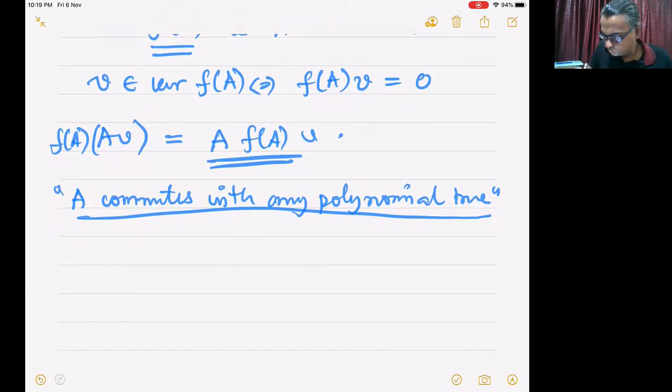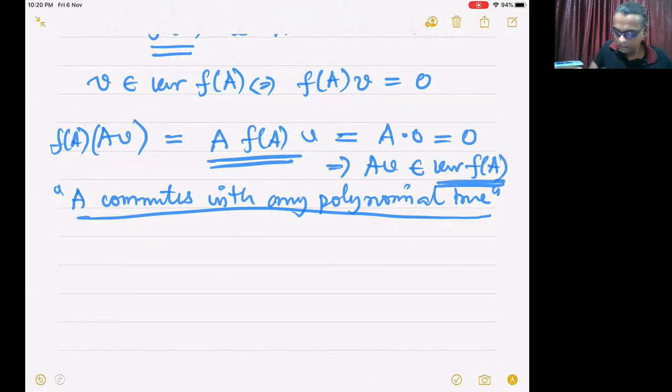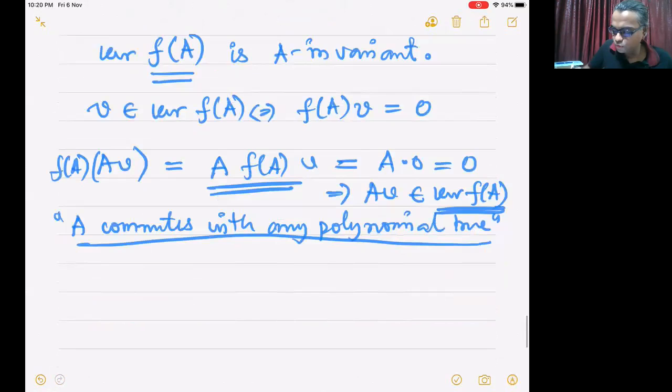And because they commute and f(A)v is 0, this is A acting on 0, which is 0 again, which then means, of course, that Av also belongs to the kernel of f(A). So the kernel of f(A) in that case turns out to be A invariant. That's what we wanted to show.